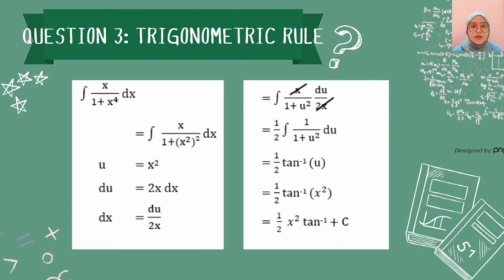The next part is we need to refer to the formula of 1 over 1 plus u squared, and it will become 1 over 2 inverse of tan u. So the last part is we substitute the value of u, which is x squared, and plus c. So the answer is 1 over 2 inverse tan x squared plus c. So that's all the solution for this question.